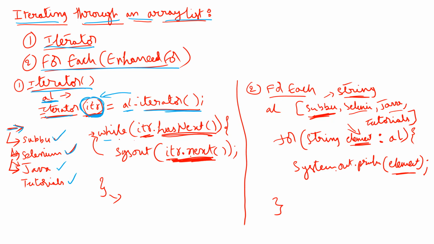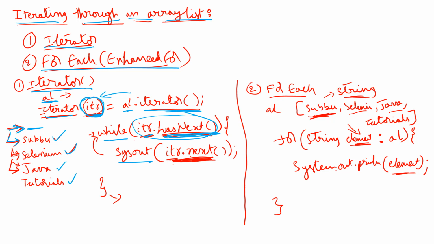So we have to use a while loop here, and we have methods like hasNext. So what it does is it checks whether the list has any next element or not. So initially it is here. So it checks using this hasNext method whether it has any element or not. So it has an element.